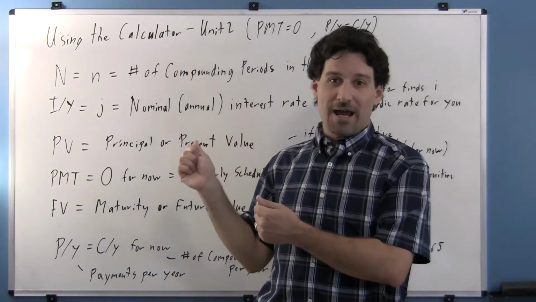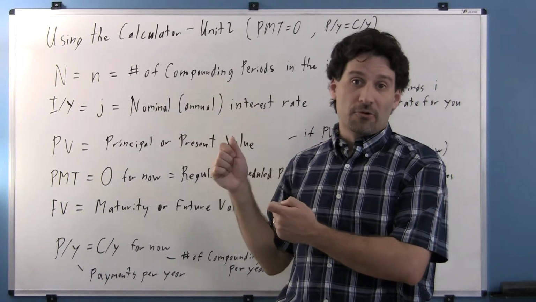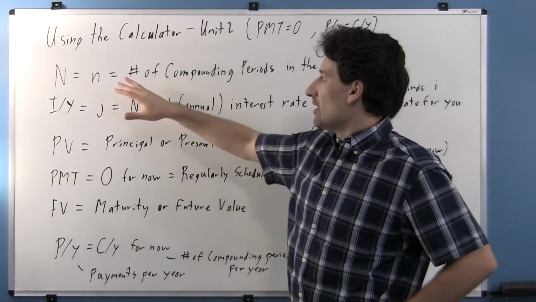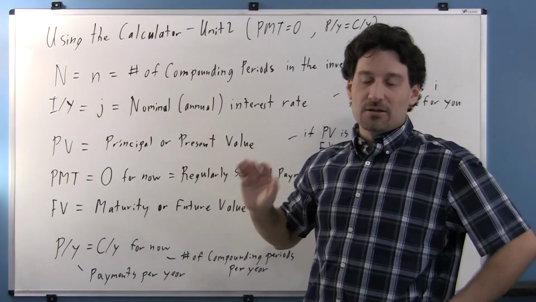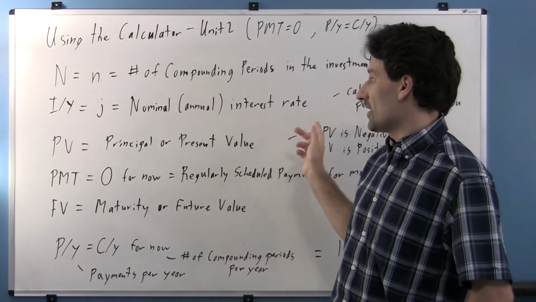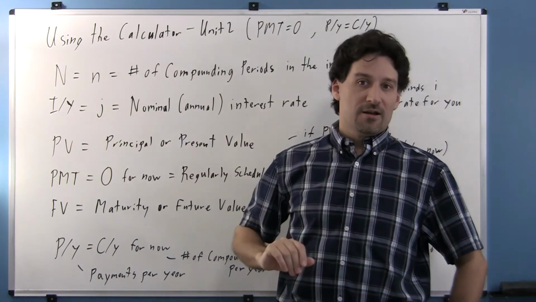We'll talk about this when we get to annuities. We're actually going to talk about N becoming the number of payments involved when we have regular payments. But for now, just consider N is what we've been using for n, the number of compounding periods in your investment.